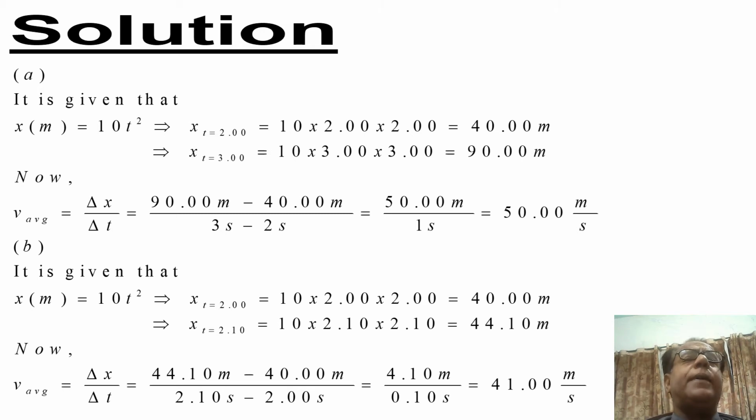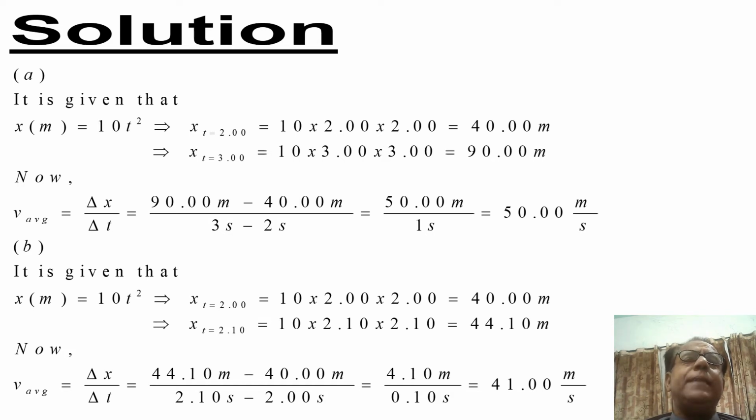Solution of part A. It is given that x is equal to 10t square. This implies that x at t equal to 2.00 is equal to 10 into 2.00 into 2.00 equal to 40.00 meter.